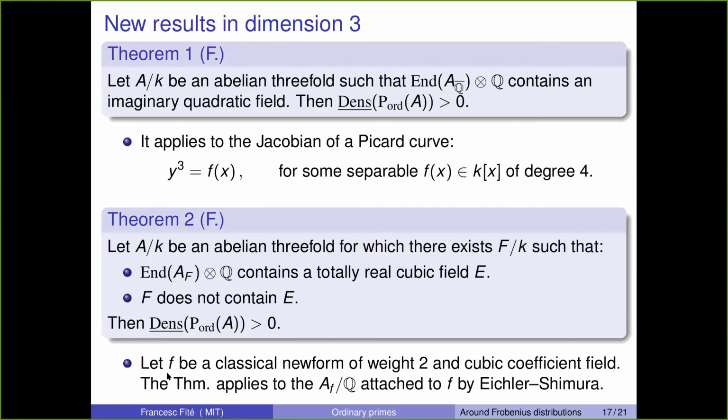An example where theorem 2 applies is the case of the abelian varieties attached by Eichler and Shimura to classical newforms of weight 2 and cubic coefficient field. And I think I'm already running over time, right?